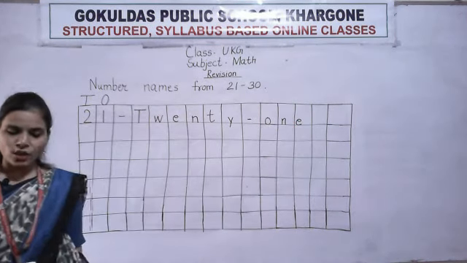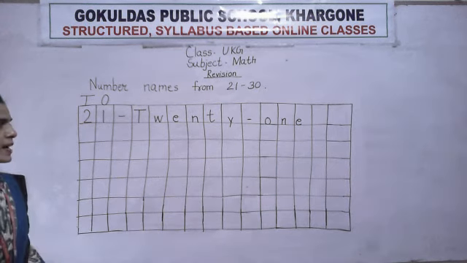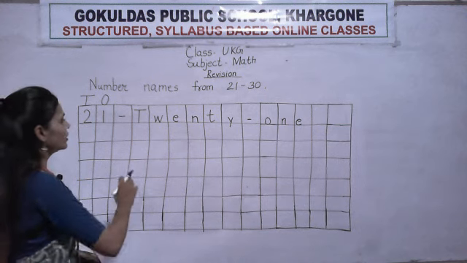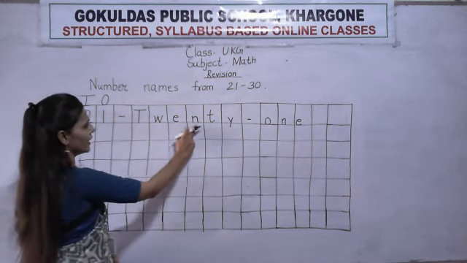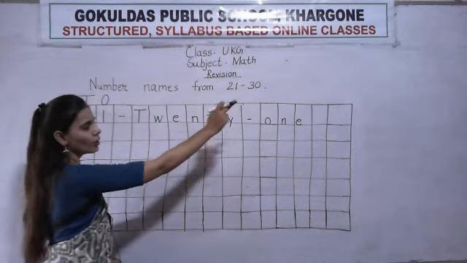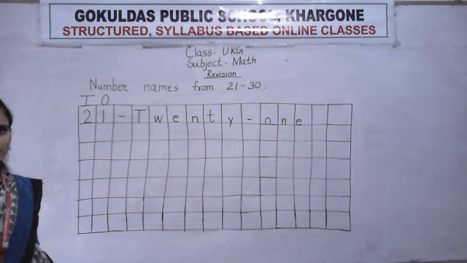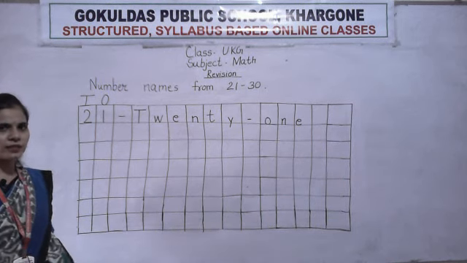You know the spelling of 1? Okay, very good. So the spelling of 21 is T-W-E-N-T-Y O-N-E, 21.